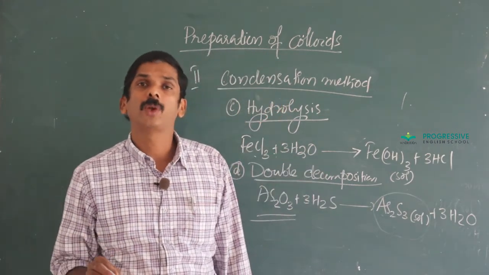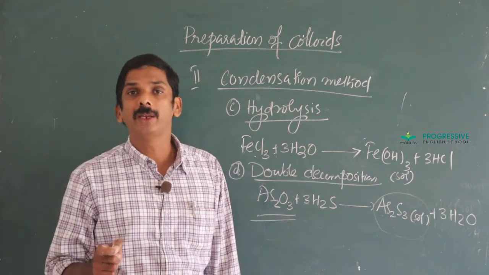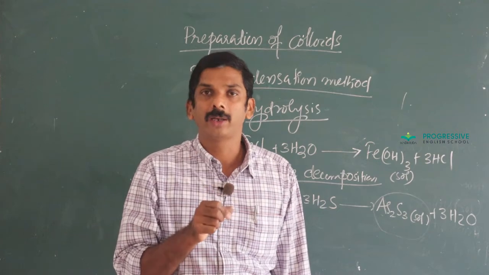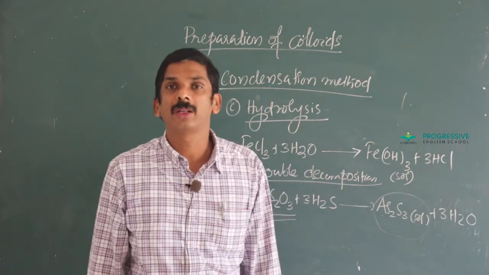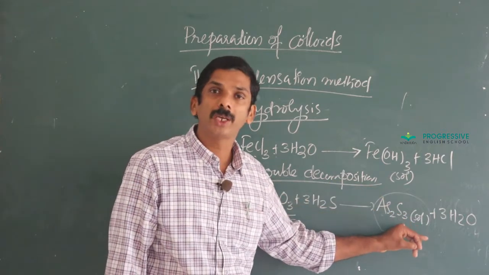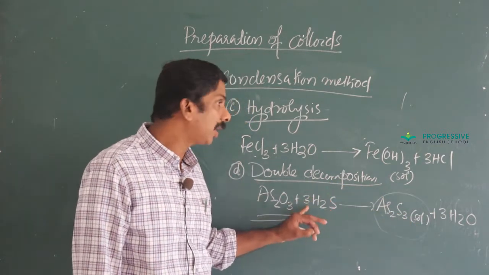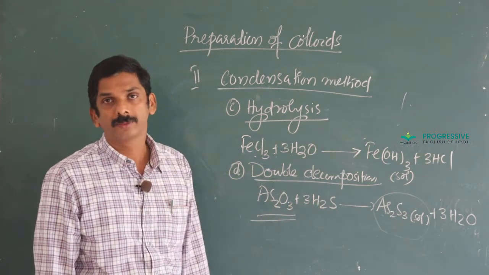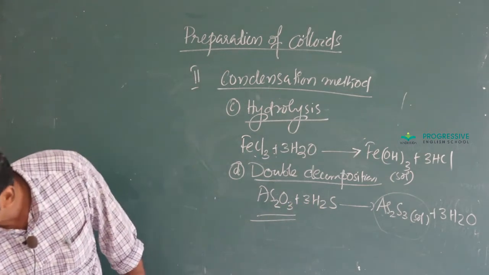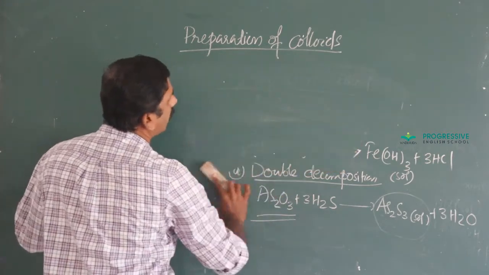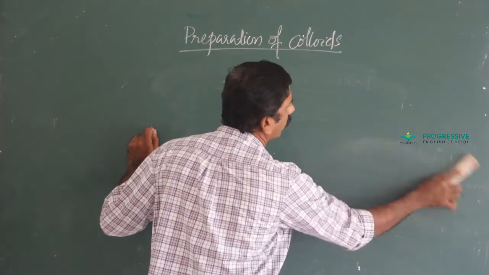Ferric hydroxide sol is prepared by adding hot water to ferric chloride till a reddish brown color is just formed, and arsenic sulfide sol is prepared by passing hydrogen sulfide through arsenic oxide. These are the methods of preparation of colloid.